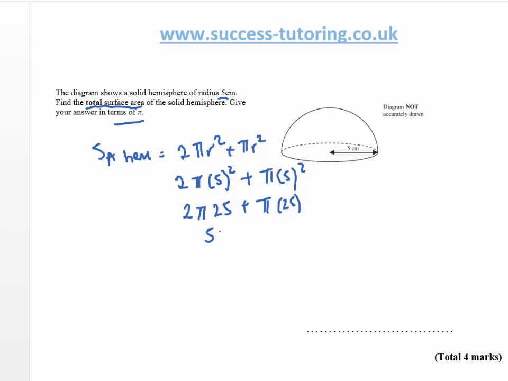It's going to give me 50 pi plus 25 pi. So that's just going to give me 75 pi when you add these two together. And that's your final answer.